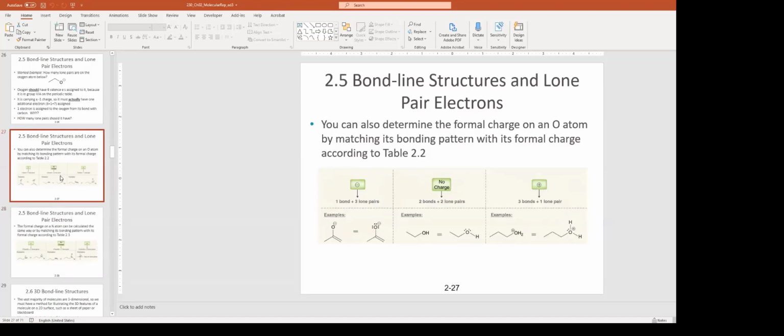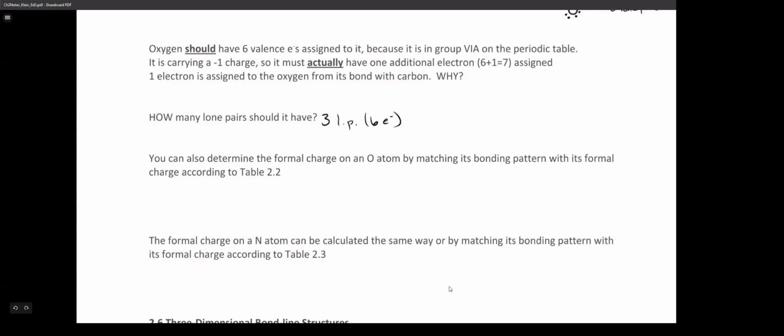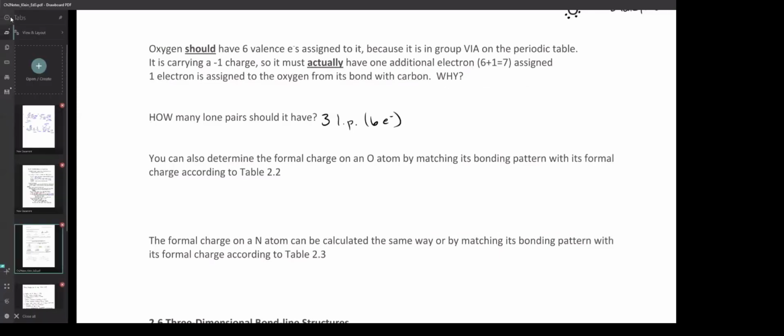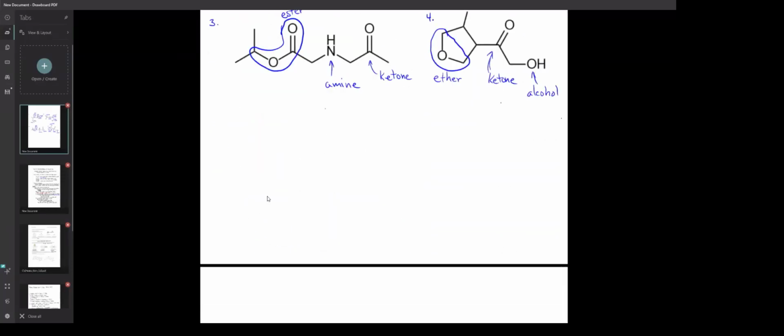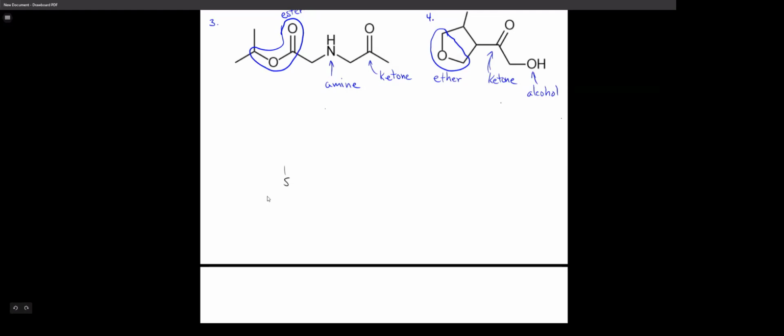I would recommend on sulfur doing it the old-fashioned way. For example, people will often make a mistake on this compound. This is a very important solvent called DMSO. It is almost always written like this.